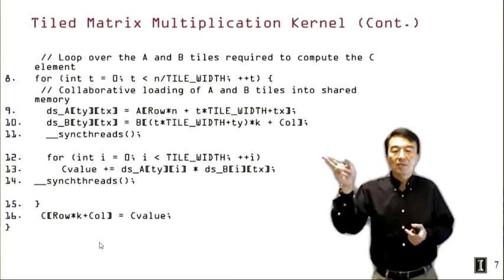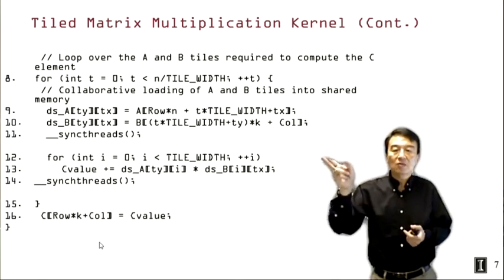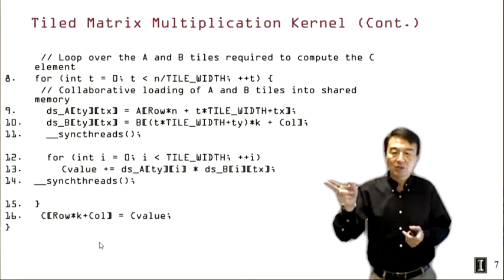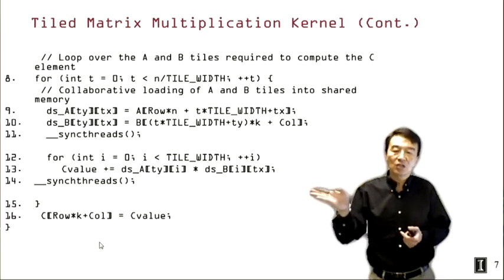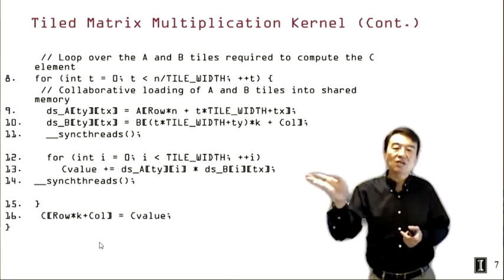So all the threads will execute this for loop according to their own thread index and block in the x and y dimensions. And then we will do a barrier synchronization. This barrier synchronization allows all the threads to wait for each other and make sure that all the threads in that same thread block have completed their own segment of the dot product.